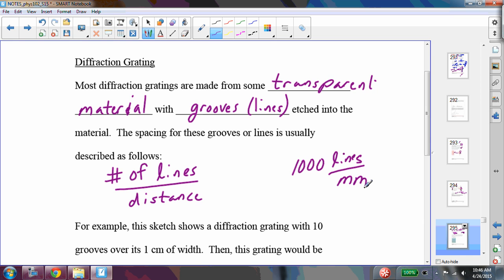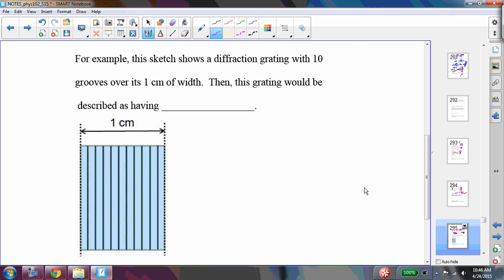So for example, here I have a sketch of a diffraction grating with 10 grooves over its 1 centimeter of width. If you imagine that this is 1 centimeter, of course it's not, it's several centimeters, and then I have 10 separate lines on this. So this grating would be described as having 10 lines per centimeter, or 10 grooves per centimeter, however you want to think about it.